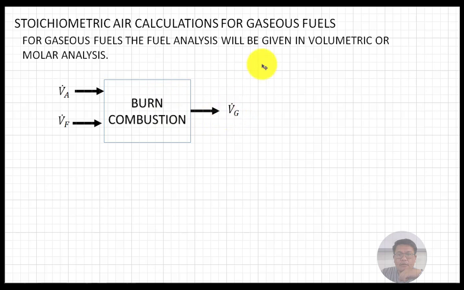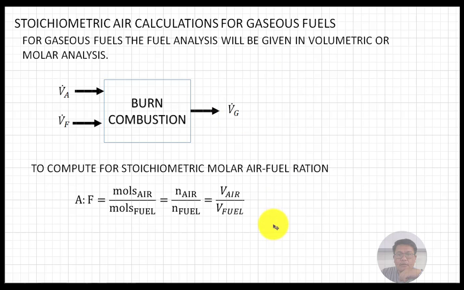Now to compute the stoichiometric molar air fuel ratio, we have here the equation for your air fuel ratio. That will be the moles of air divided by the moles of fuel. That will be represented as small letter n with subscript air, and we have n for your fuel.